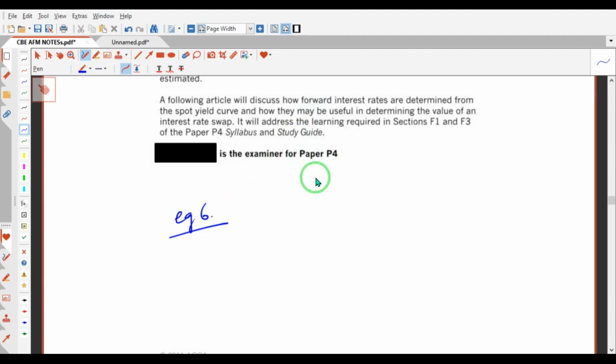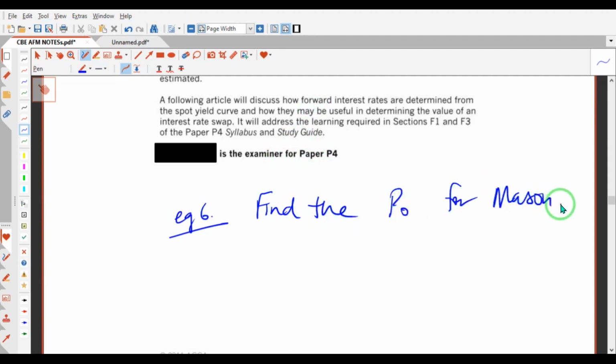Let's say the requirement is to find the price of the bond for Mason Retail, par value 100, and the coupon rate of the bond, just for fun, is 5%.